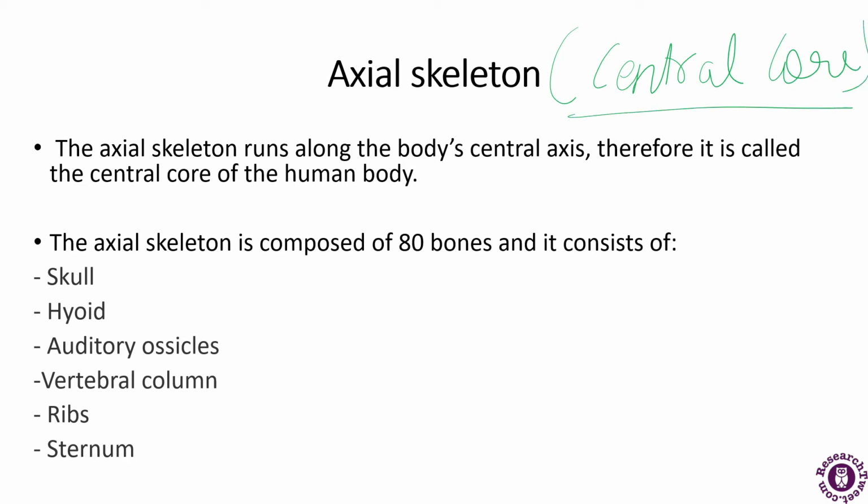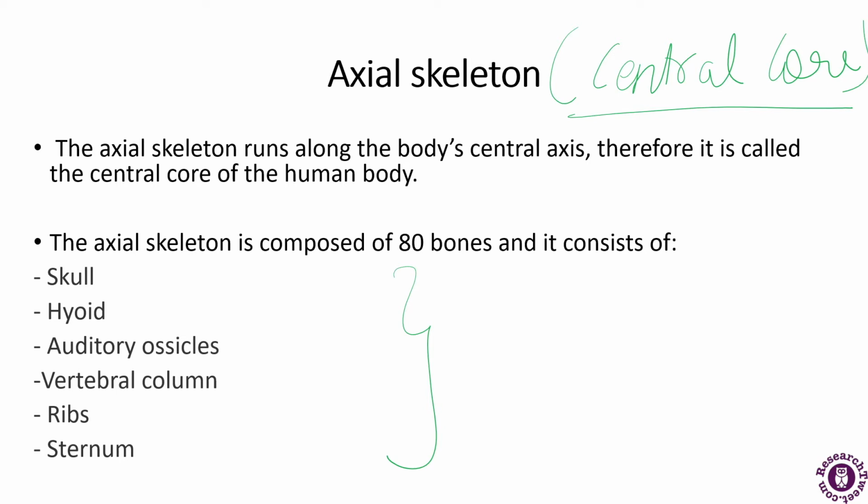The axial skeleton is composed of 80 bones, and these are some of the parts of the axial skeletal system: skull, hyoid, auditory ossicles, vertebral column, ribs, and sternum. We will be discussing each of these in detail now.